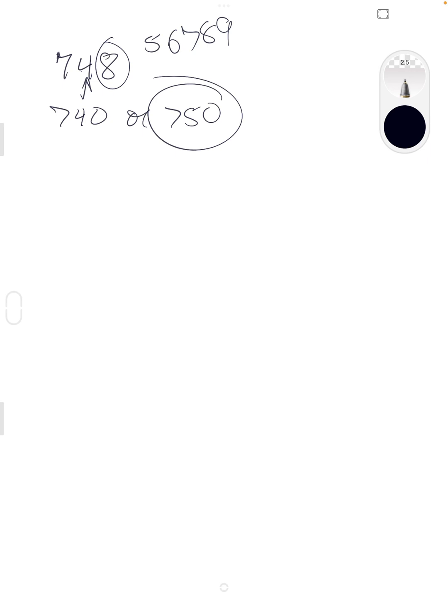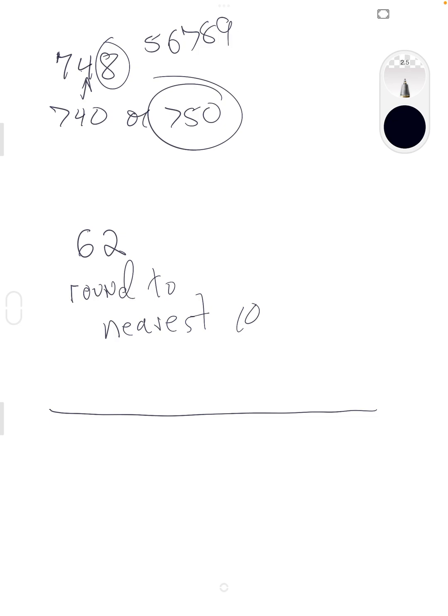One last thing to just kind of look at it. All right, here's a number, 62, and I were to say round to the nearest 10. Okay, I'm going to draw a number line. I'm going to skip a lot of the numbers.